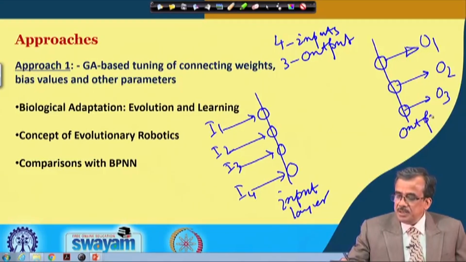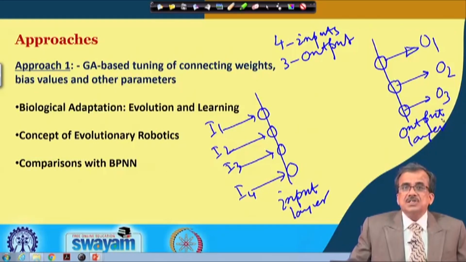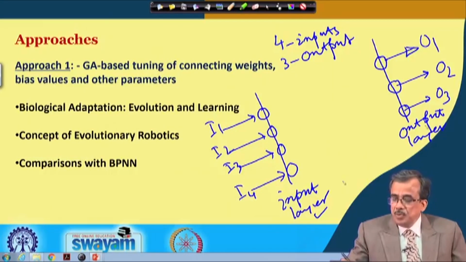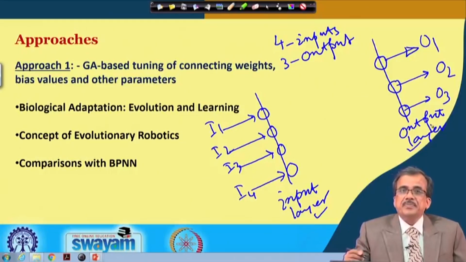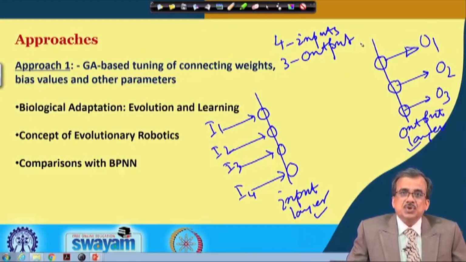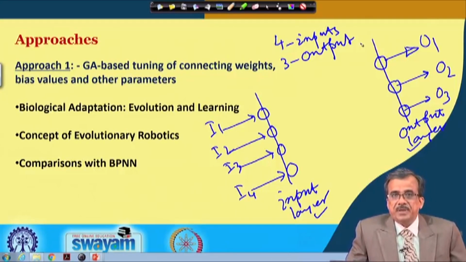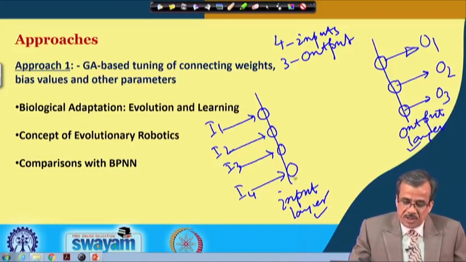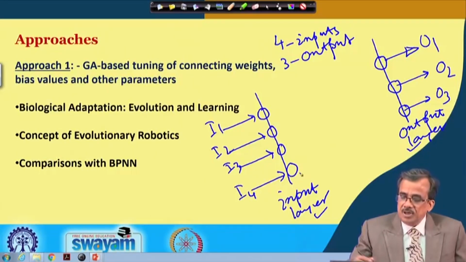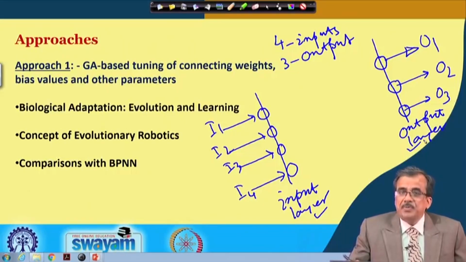Now, the number of neurons to be present on the input layer and that on the output layer are kept fixed to the number of inputs and the number of outputs of the process to be modeled, respectively. That means, here on the input layer there will be 4 neurons, on the output layer there will be 3 neurons.